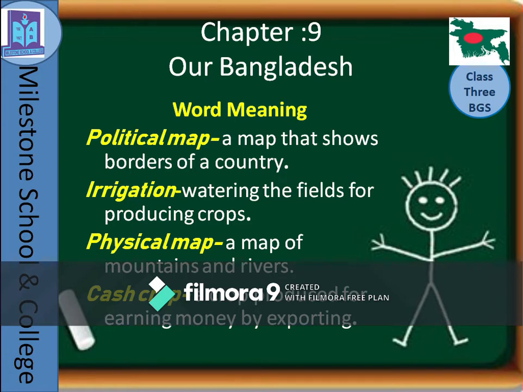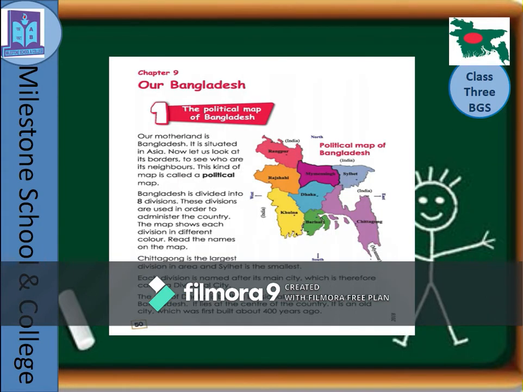Jute is our number one cash crop. Do you know about this? Yes. Jute is called the golden fiber of Bangladesh. And right now tea is also a cash crop as we are exporting this to other countries. So let's start our today's lesson. Chapter 9, Our Bangladesh.